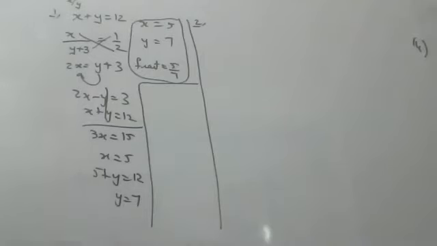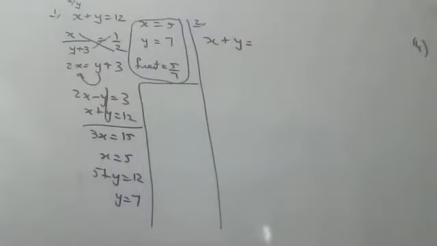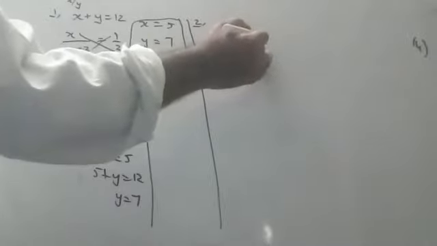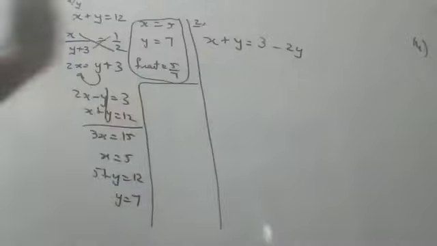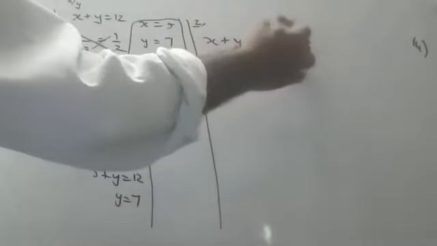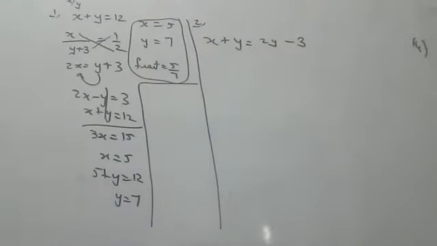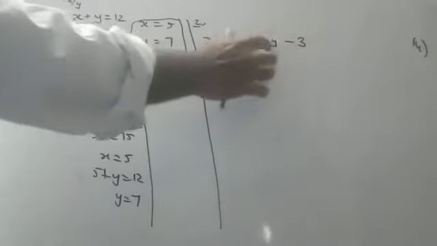Many people will write it like this, but don't write like that. 3 less than twice the denominator: like this, you should write, x plus y is equal to 2y minus 3. Be careful, children. That is why you are practicing here. The sum of numerator and denominator is 3 less than twice the denominator.